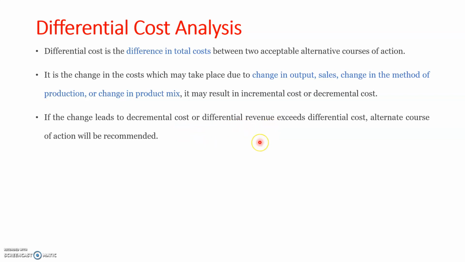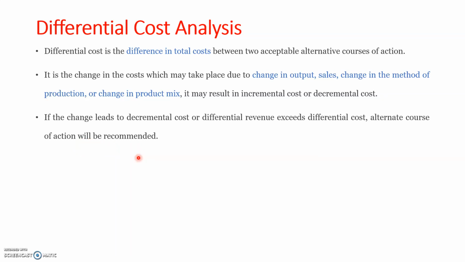Differential revenue means the increase or decrease in the revenue because of changes in the level of output or volume of sales. So if the difference in the revenue is more than the difference in the cost, in such situations the alternative course will be recommended. This is what is called differential cost analysis.